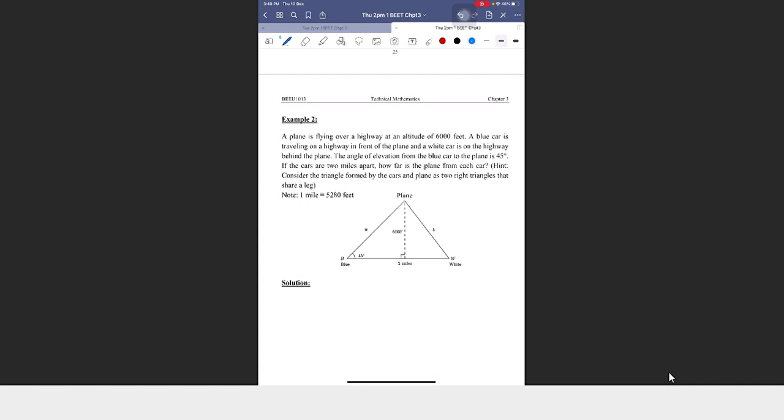Let me look at the book. Exercise chapter 3. Wow, quite a number of application questions. You have a lot. I don't think we are able to do all, maybe I need to select later on.